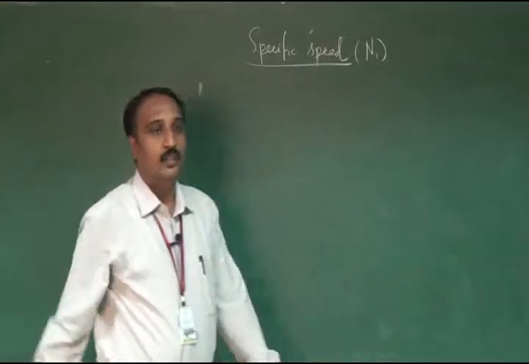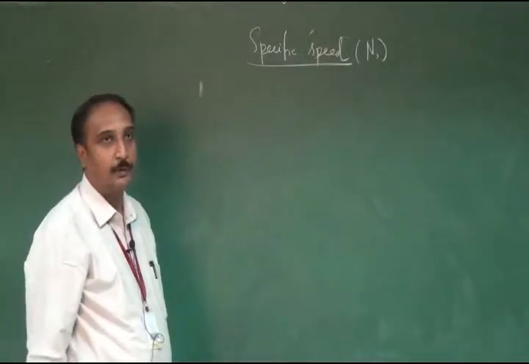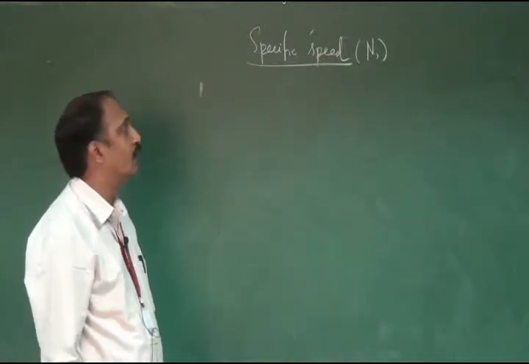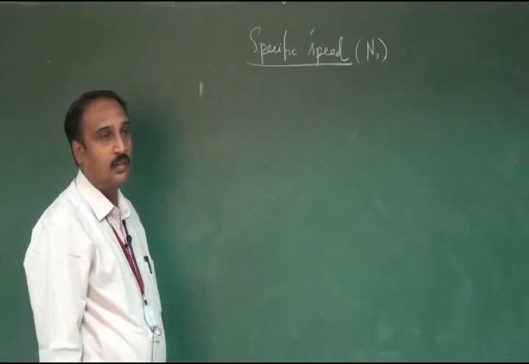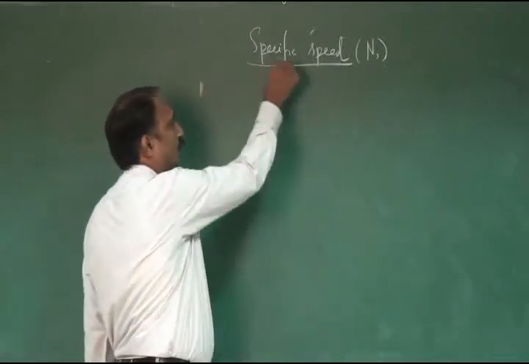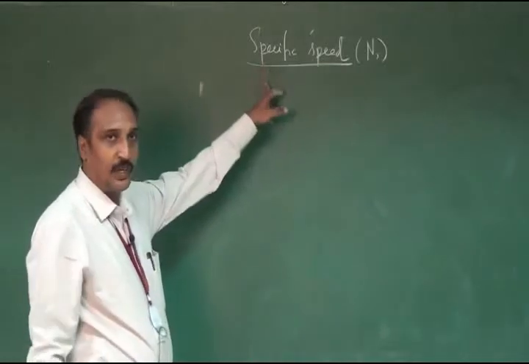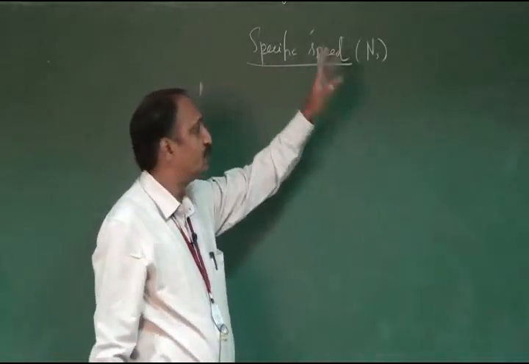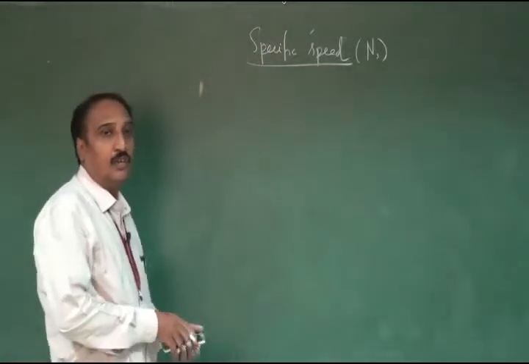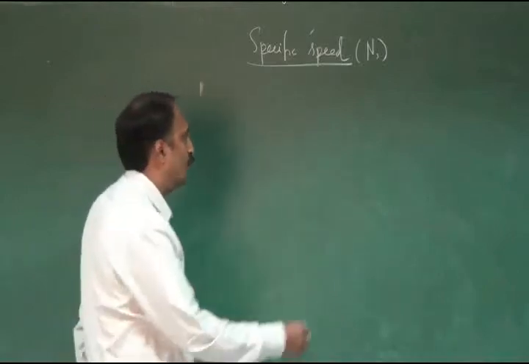In order to select the turbine, we can use this non-dimensional number, and by using it we can compare the prototype and model. It is defined as the speed of the turbine, similar to the actual turbine, that will develop unit power working under unit pressure head.